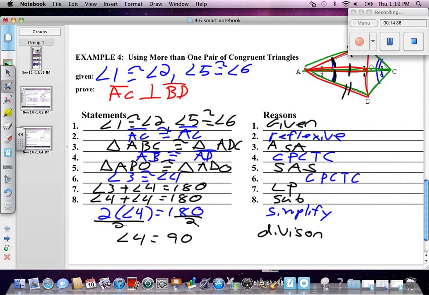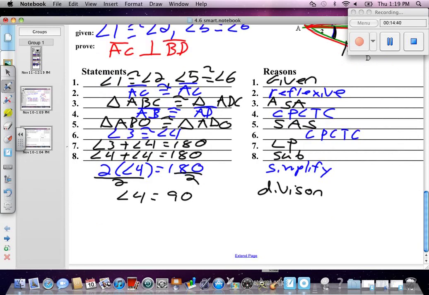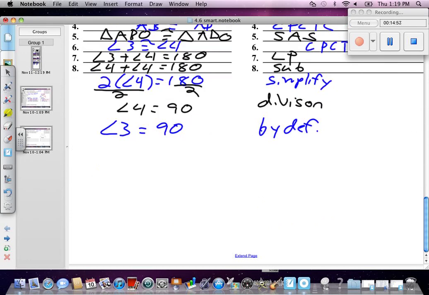Man, I didn't give you enough room at all. Sorry. So, what is angle 3? If angle 4 is 90, angle 3 has to be 90. And we're going to call this by definition. There's a better term to say it, but we don't have it.